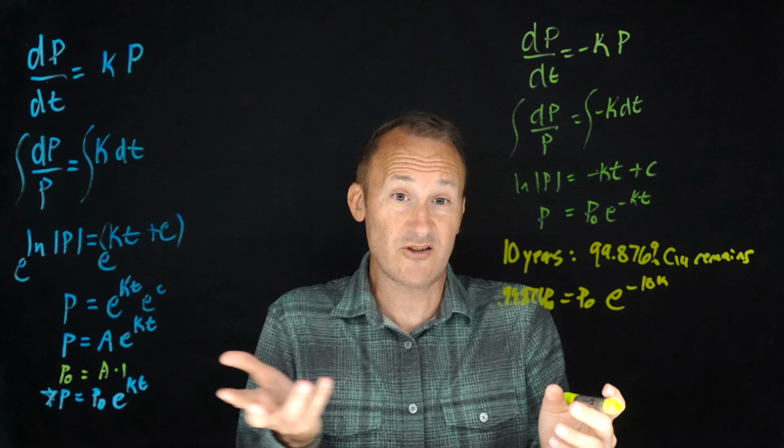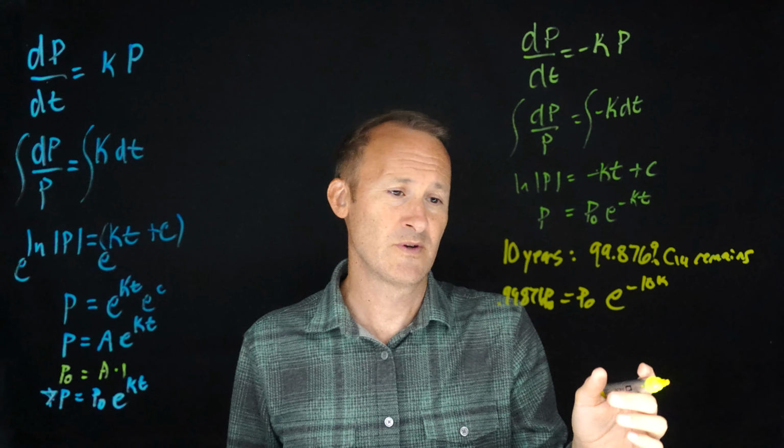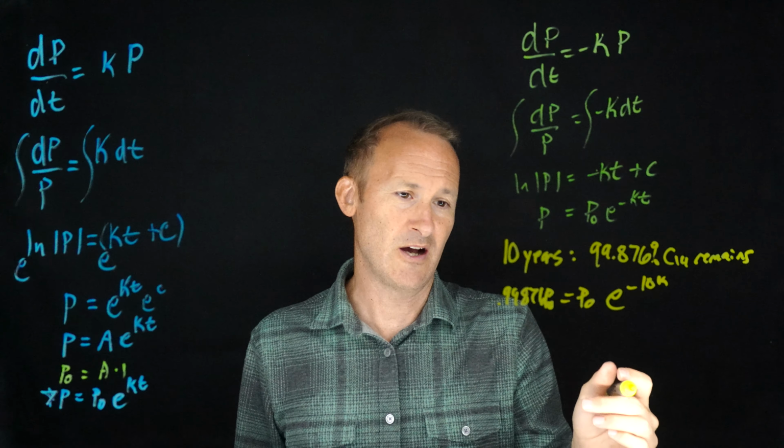So we can solve this. This is a pre-calculus problem. The P naughts cancel. You take the natural log of both sides. You get ln of 0.99876 on the left. On the right, if you take the natural log, the negative 10k just comes down.